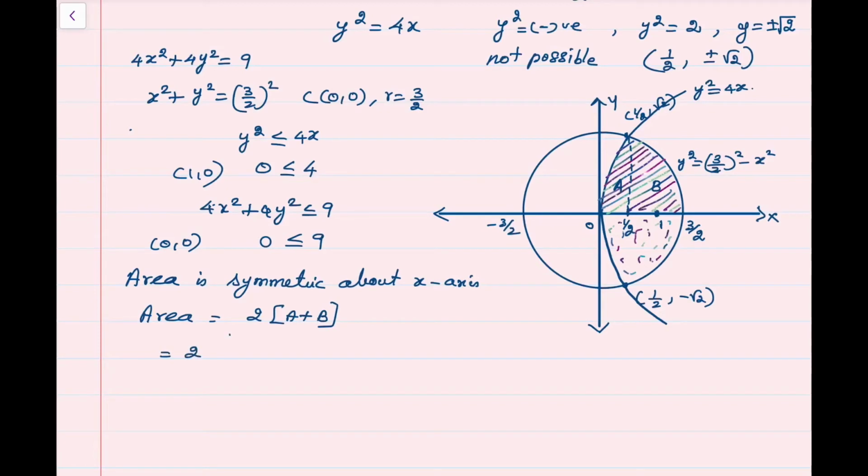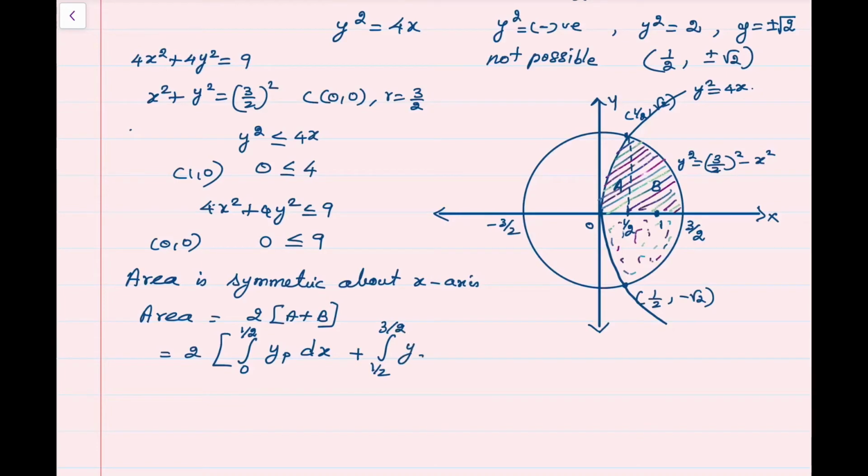2 times A is area under the parabola and the limits are 0 to half. Y of parabola dx plus integral B area is under the circle. The limits are half and 3 by 2.